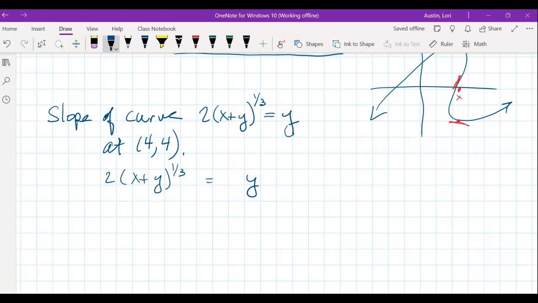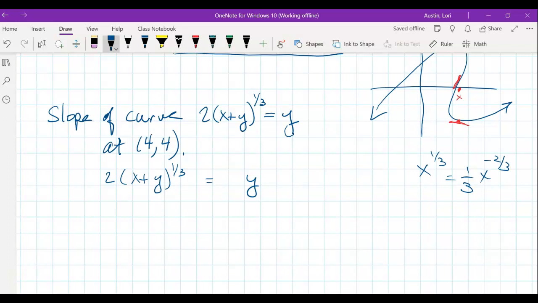So think something is being raised to the 1/3 power. How do I take the derivative? Where does the 1/3 move to? If you just had x to the 1/3, wouldn't it be 1/3 x to the minus 2/3? Right? We're going to do the same thing.